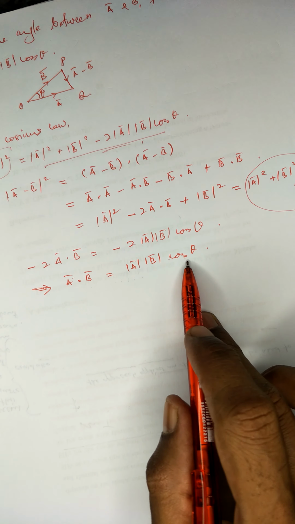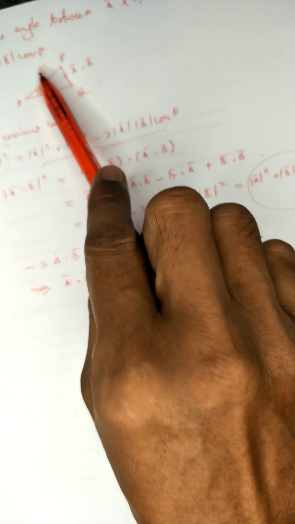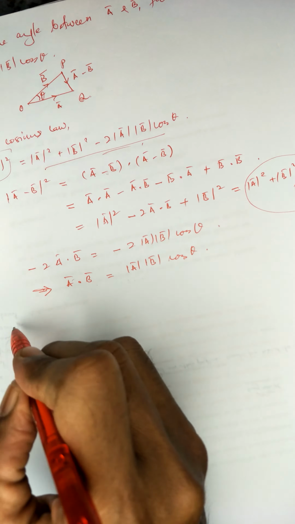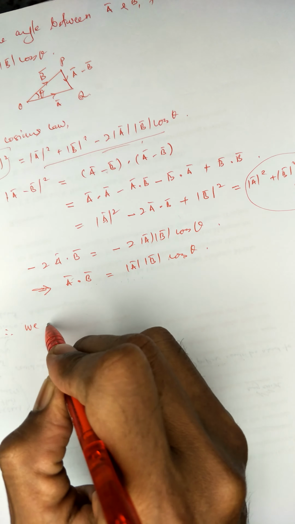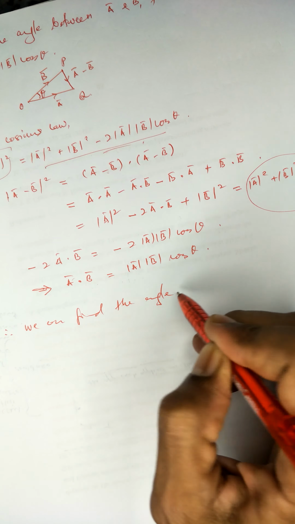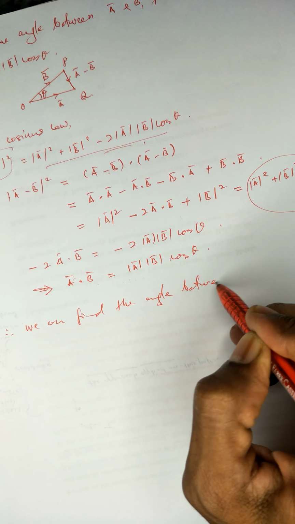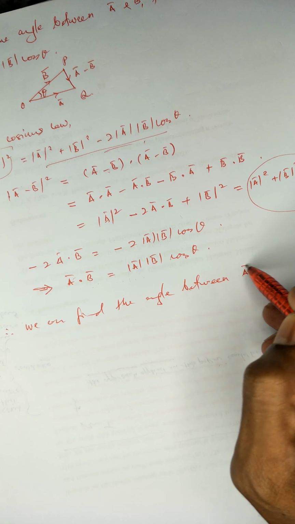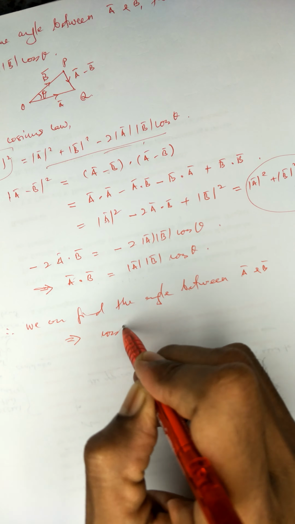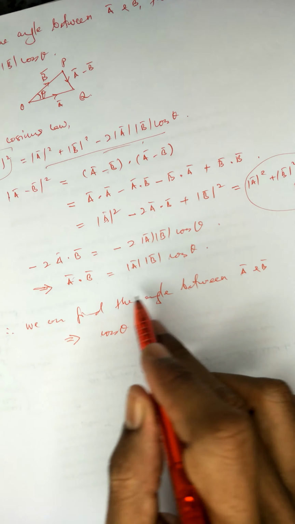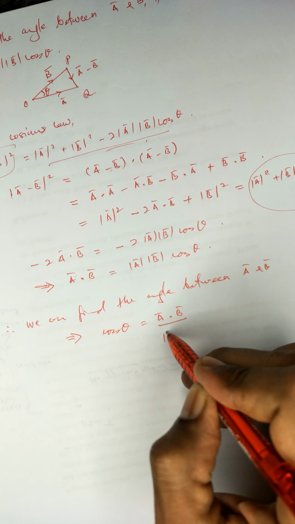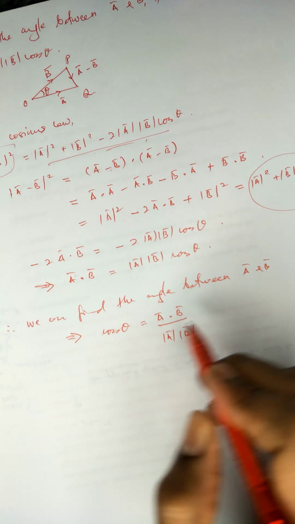And again, if you are given vectors a and b, from there we can find the angle between vector a and b, which is given as cos theta is equal to a dot b over |a||b|, and then you can find theta.